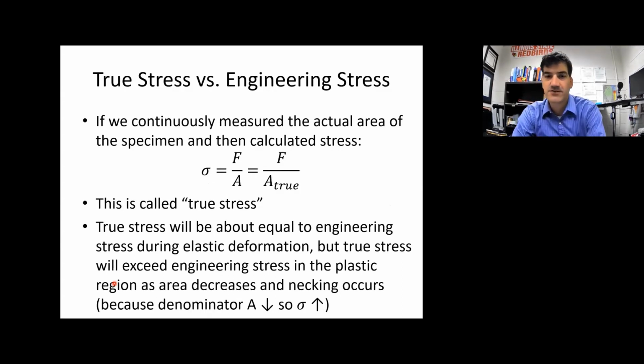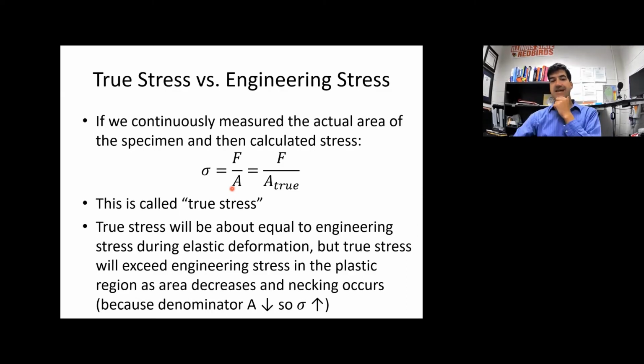So, which is bigger, true stress or engineering stress? All right, so let's say if we plotted true stress and engineering stress, which would be larger in magnitude? Well, think about this equation. The area of the specimen is going to be decreasing, right?